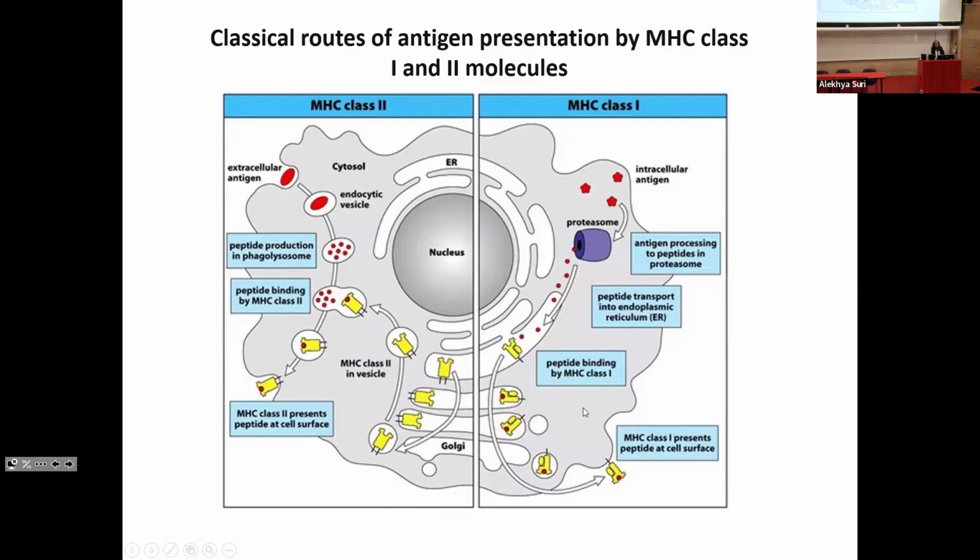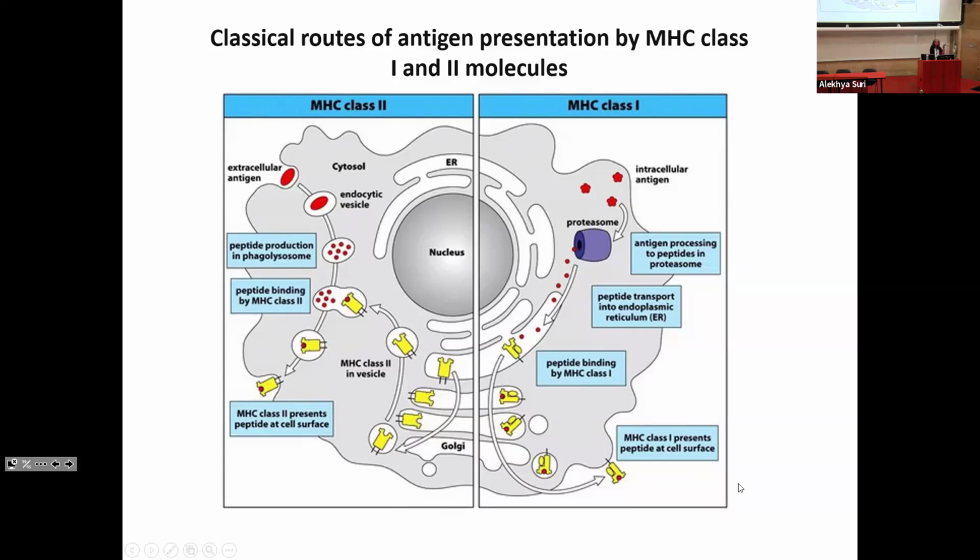The MHC class 1, on the other hand, takes care of pathogens within the cell. The class 1 gets loaded with peptides that are generated within the cytoplasm. So here, it's the proteasome that degrades the protein or the antigen. So it's the proteasomal compartment that will process the antigen, and those processed antigens then are loaded to class 1 and then come to the cell surface.